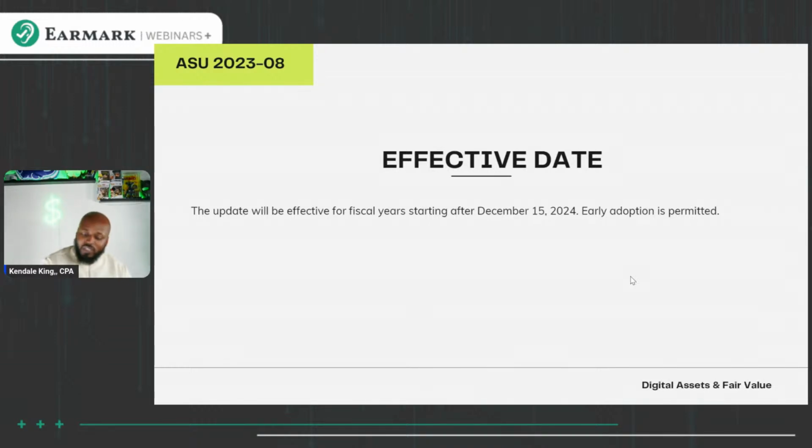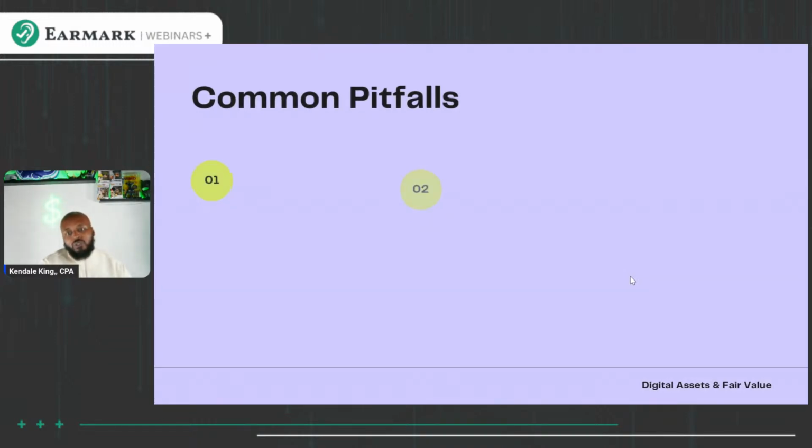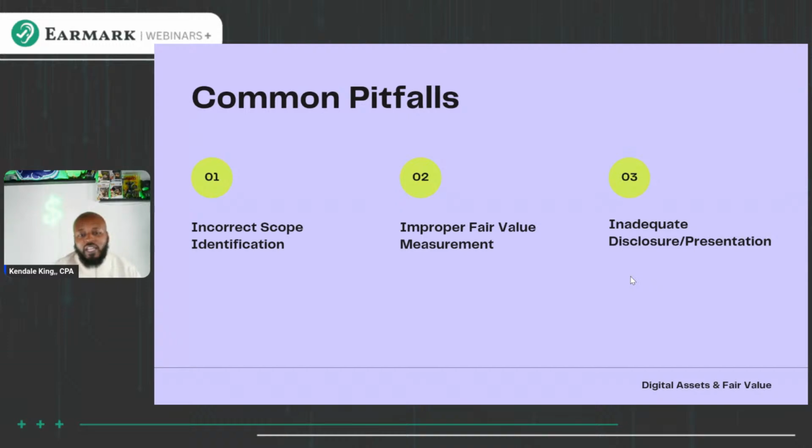And so with that being said, let's talk about some common pitfalls. I think the biggest one, again, that's why I spent a little bit of time on it, was to pause and really look at the incorrect scope identification, because there are a lot of tokens, a lot of technology out there that looks, smells, and feels like the crypto that should fall under this guidance, but it doesn't.